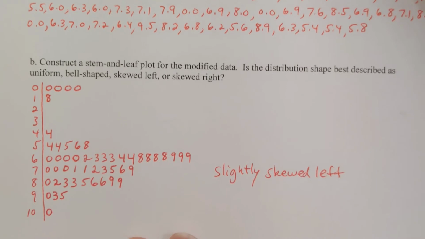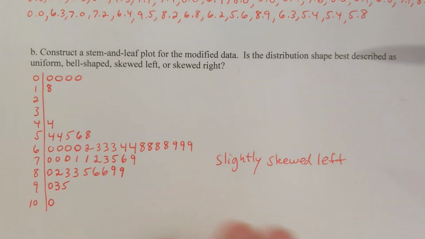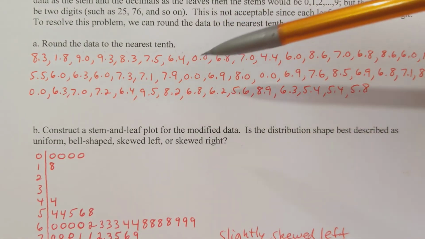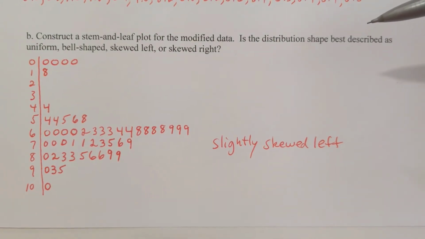In part B, I wanted us to construct a stem and leaf plot for the modified data, the numbers rounded to the nearest tenth, and then comment on the shape of the distribution.